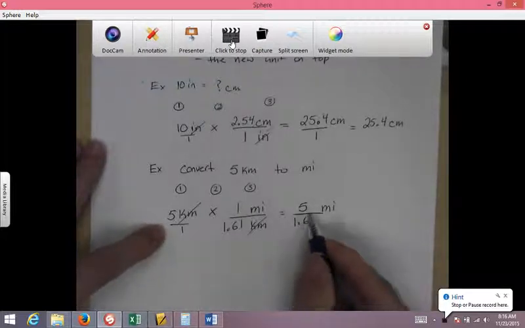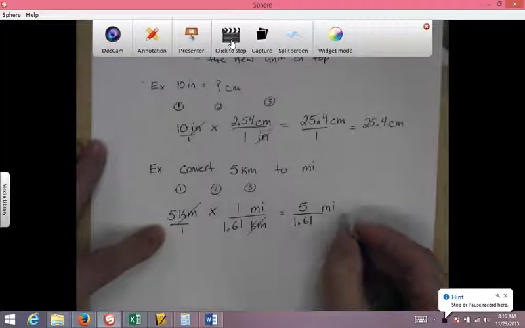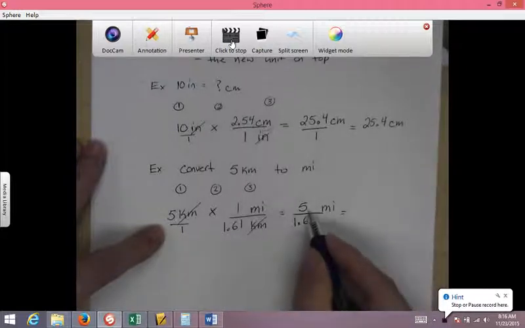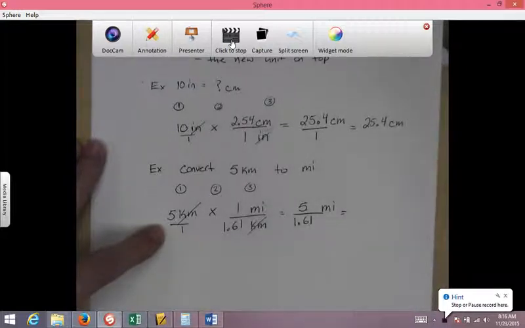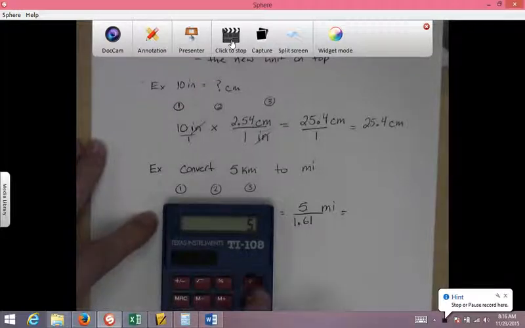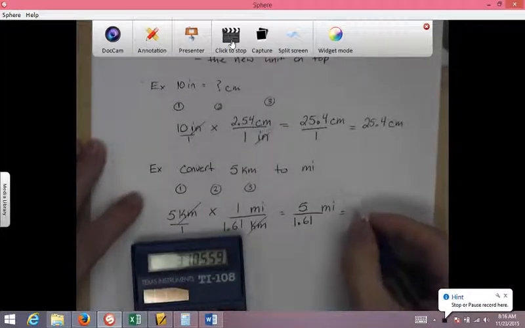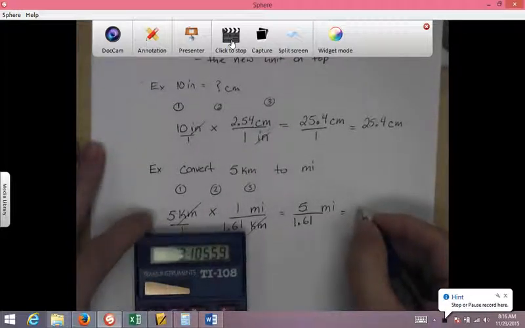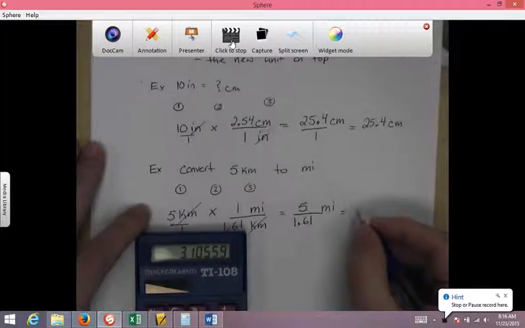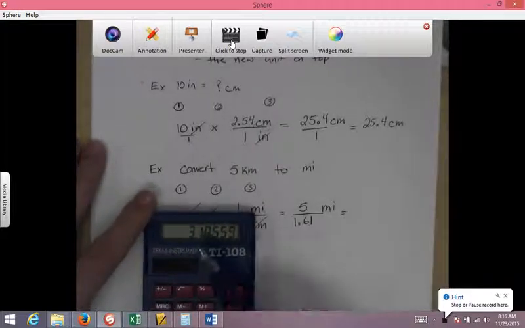Now, let's divide this and make this into a decimal. In our calculator, 5 divided by 1.61 is 3.10559. Now, usually your questions will tell you to round this to the nearest hundredth place.